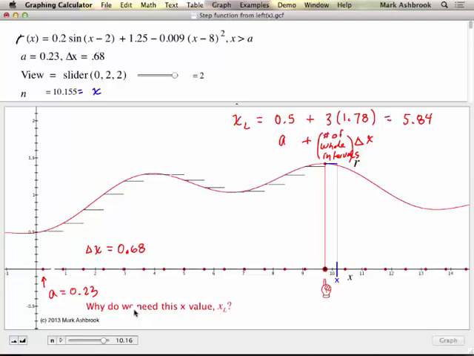How about Nishi? How'd it go? Give it a shot. So we're trying to figure out what this x value is right here. What do you think? How would you get it?